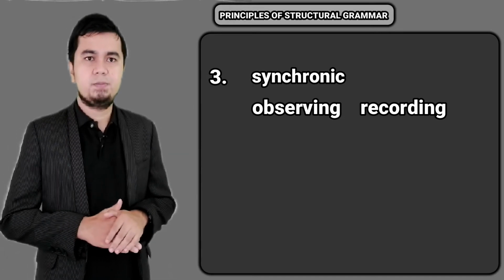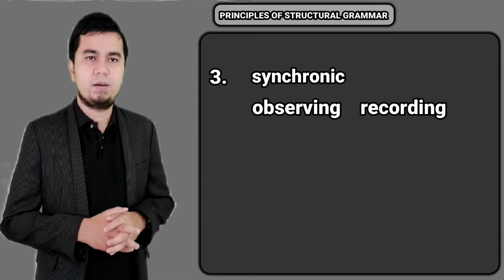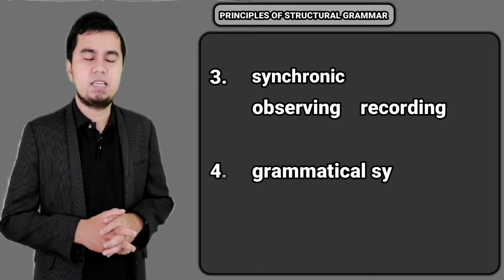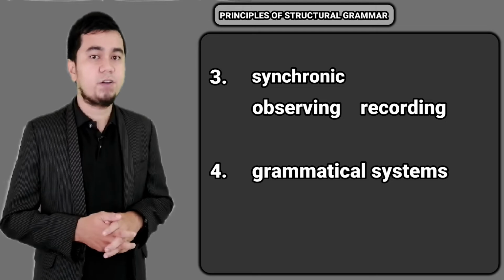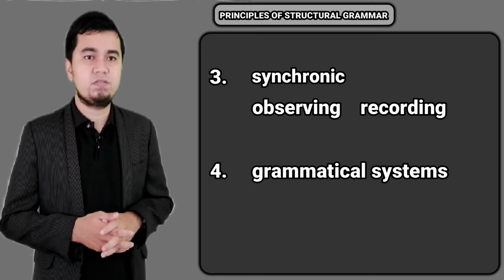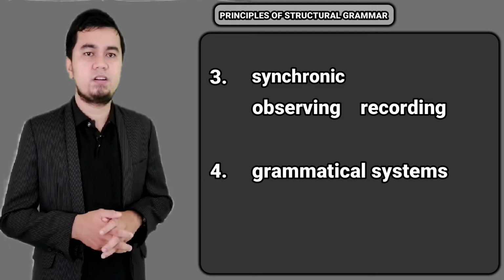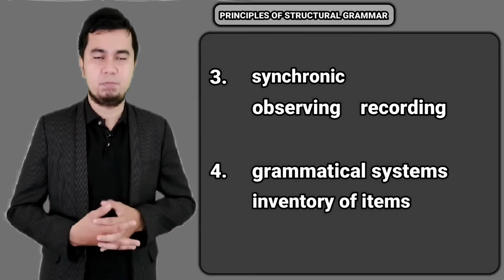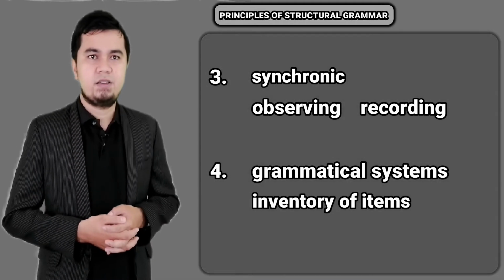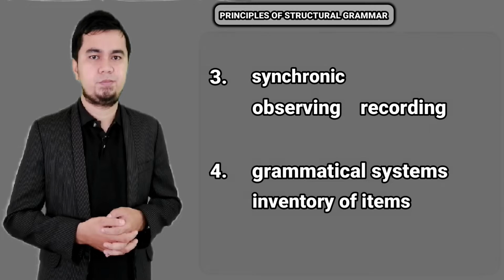The next principle is on being grammatical in the system. So what do we mean by this? It recognizes the uniqueness of each language. The grammar here is an inventory of items. So that's the fourth principle.